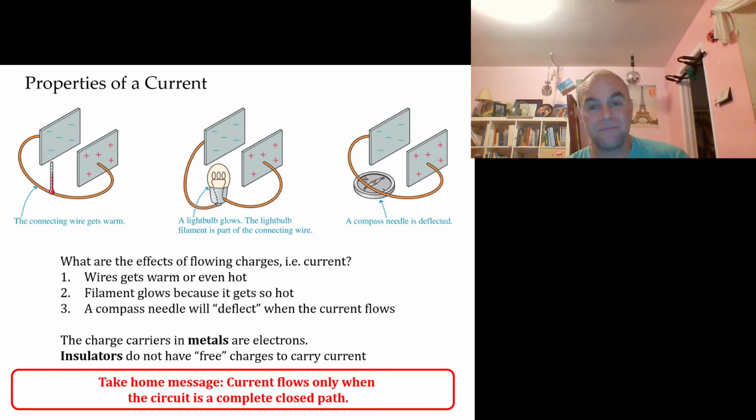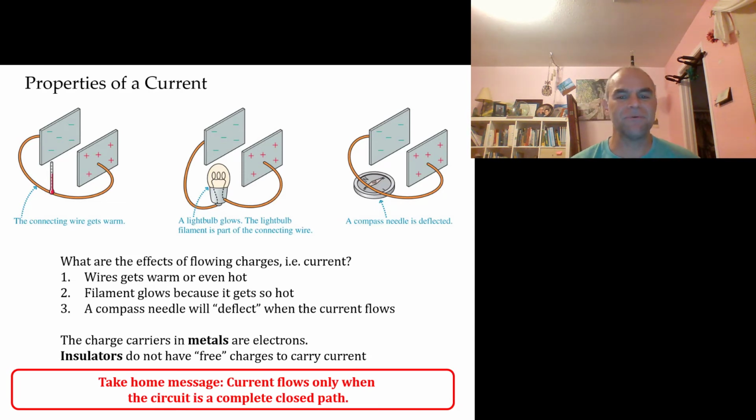Similarly, in a traditional light bulb, not a light emitting diode, but the light bulbs they don't sell as much anymore, the original light bulbs invented by Thomas Edison worked by the little filament in the light getting so hot that it would glow. But all the air was pumped out of the little bulb so that the filament wouldn't burn. The idea was it would glow but not burn. So they would get really hot. That's because of the current that was running through it. But it would create the effect that was wanted, which was light. It would also create a lot of heat. That's why light bulbs can also get very hot.